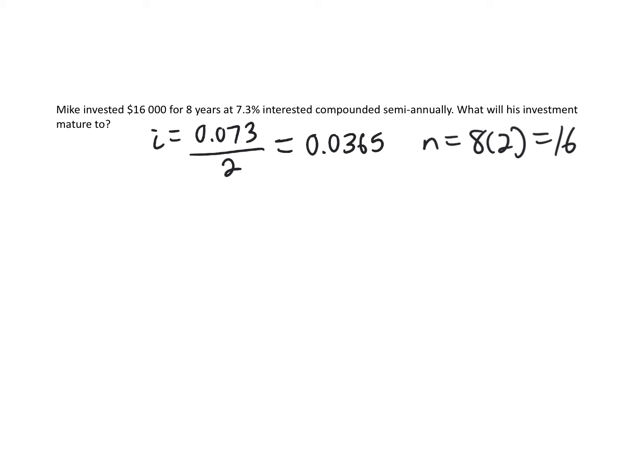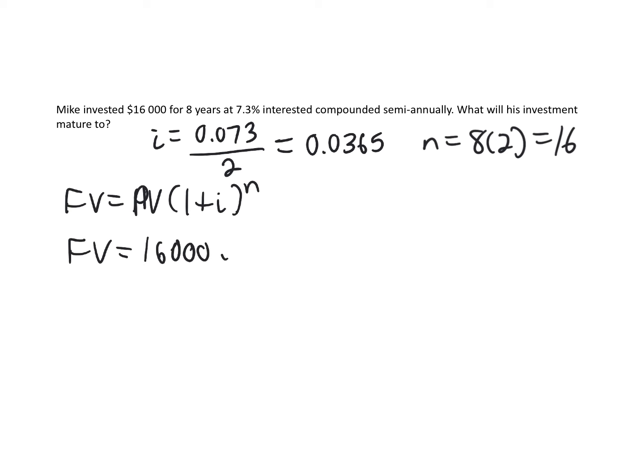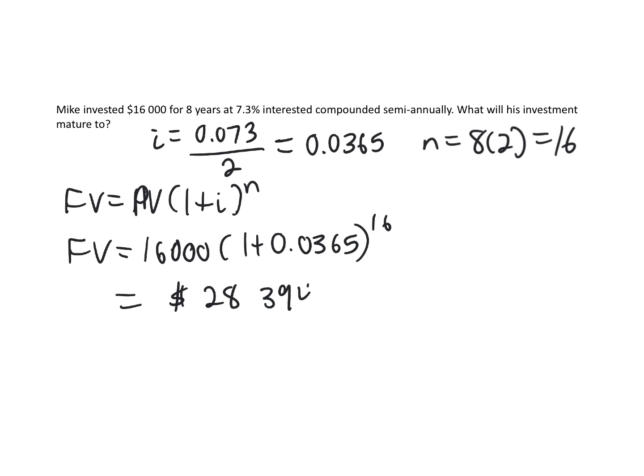We're looking for the future value of 16,000. 1 plus 0.0365 to the 16, and we get approximately 28,394.15.